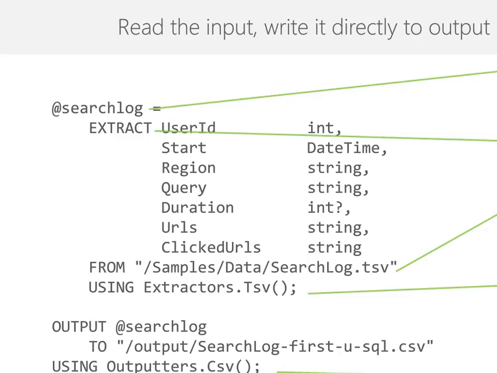We are reading semi-structured, unstructured data. So we are extracting all the data from a TSV file, a tab-separated values file, and holding that data in the rowset.